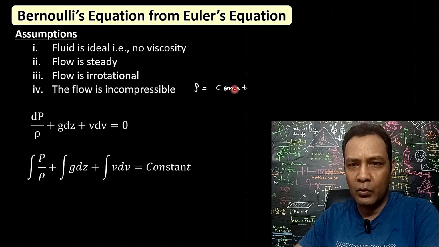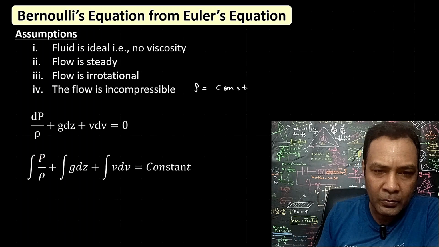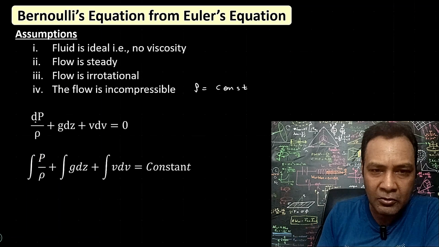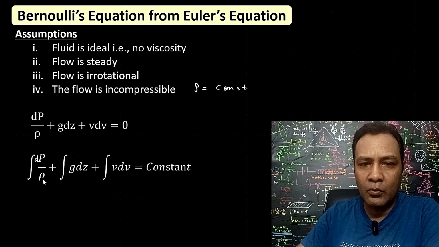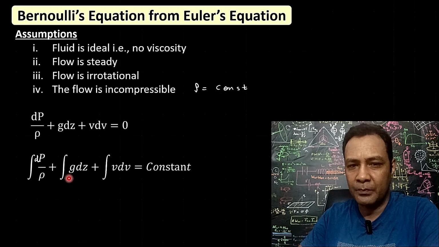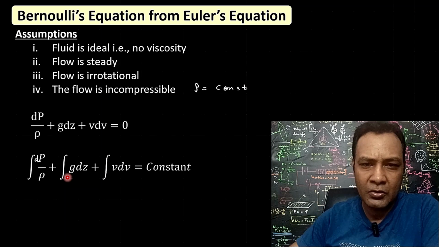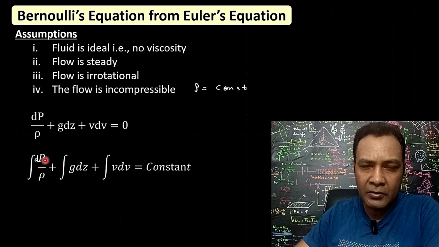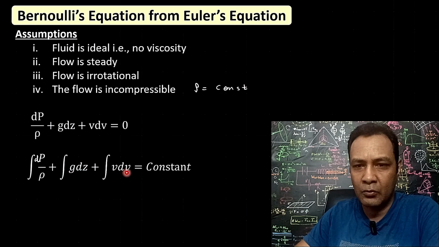One thing I missed here: it should not be P by dP, it is actually dP by rho. Because rho is constant, we integrate dP by rho, and we are also assuming that we are not going far away from Earth's surface, so g is constant. So integrating this, we will get simply P by rho, plus g z, plus v square by 2.